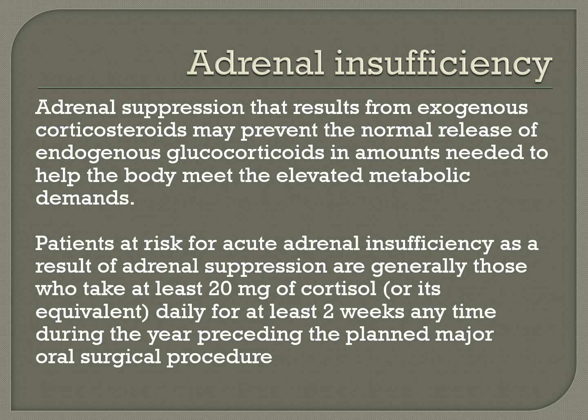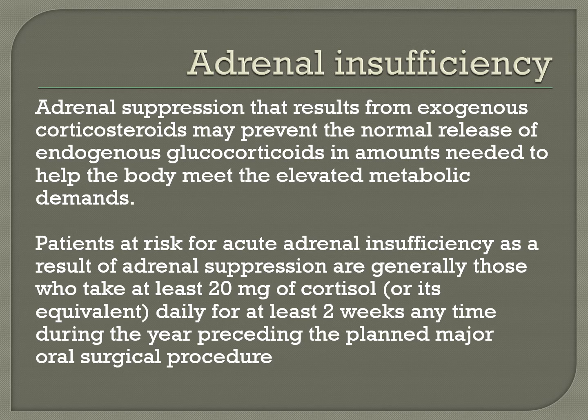The adrenal suppression that results from the exogenous cortisol may prevent the normal release of the endogenous cortisol amounts needed to help the body meet elevated metabolic demands. That means the adrenal cannot respond, so what will happen? An adrenal crisis will happen.